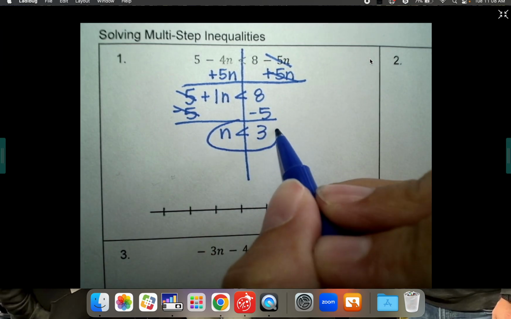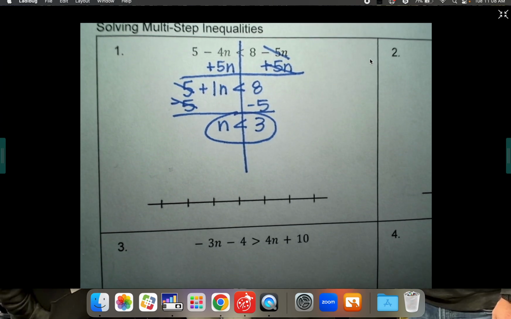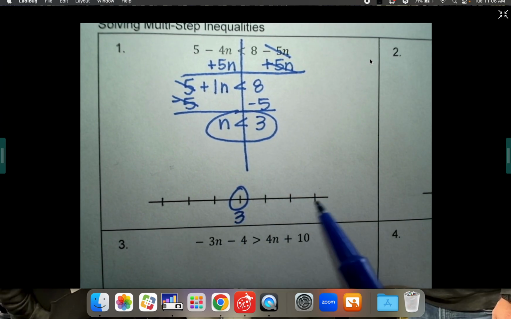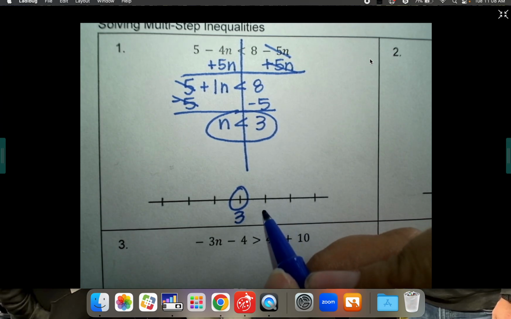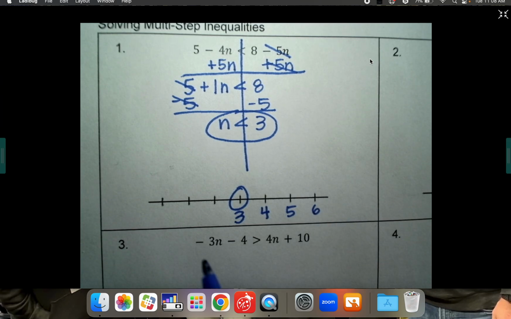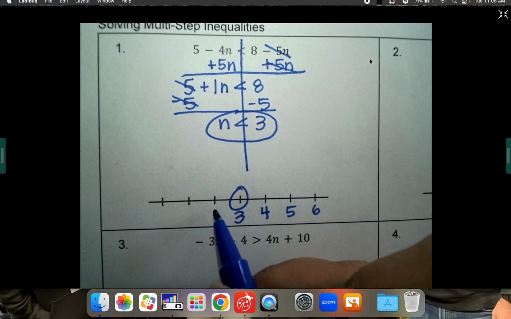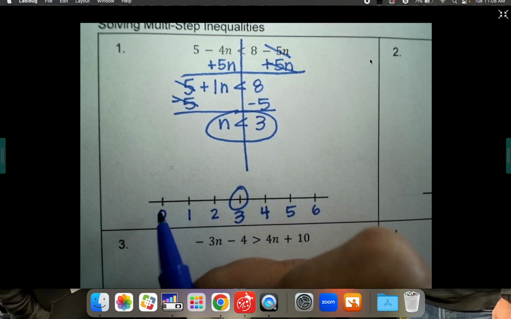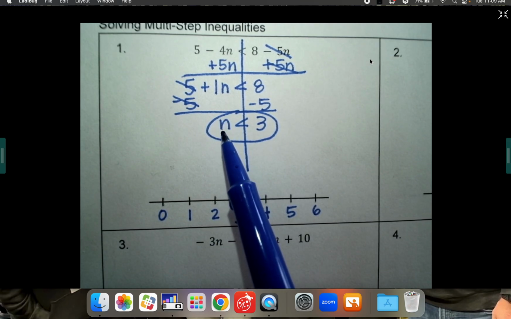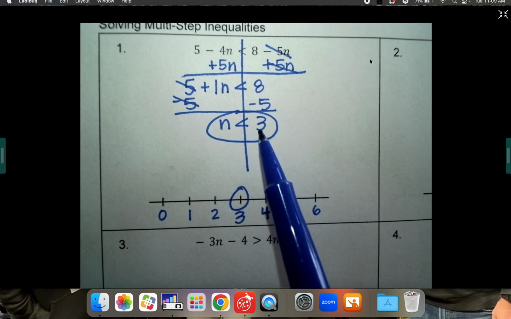So a really quick review of how to graph this: I want you guys to find a spot to put your 3. Show me that you understand how number lines work by going bigger to the right, 4, 5, 6, and smaller to the left, 2, 1, 0. And then you need to show me that n is all the solutions that are less than 3.